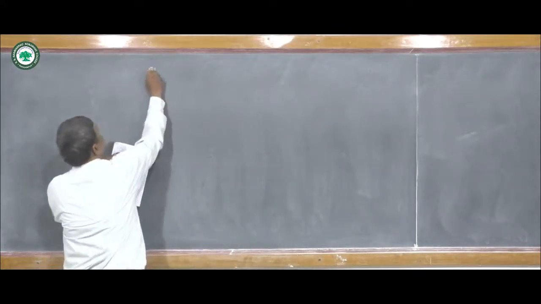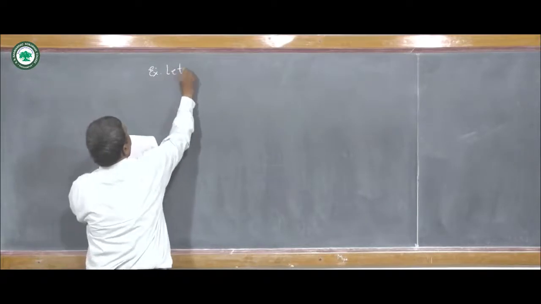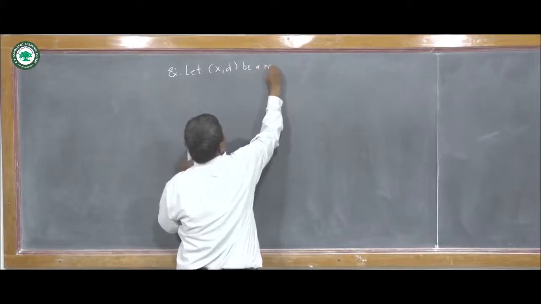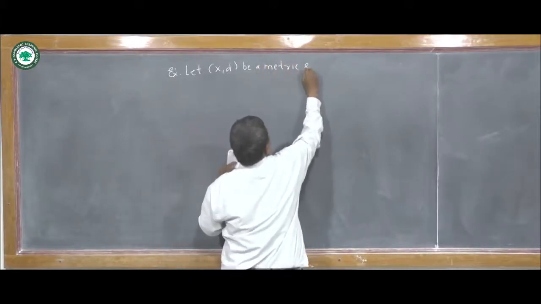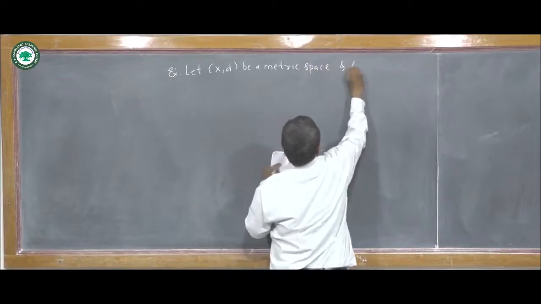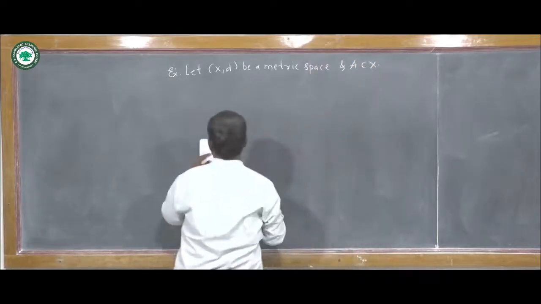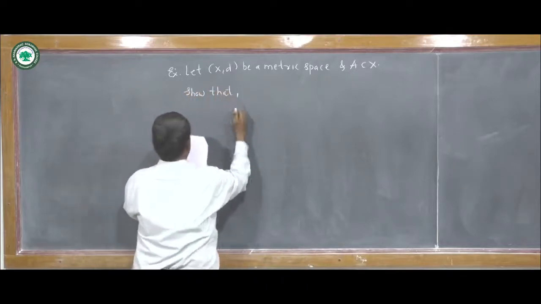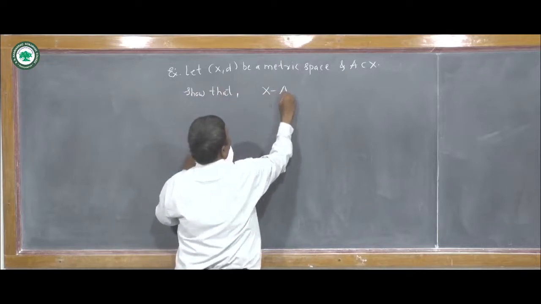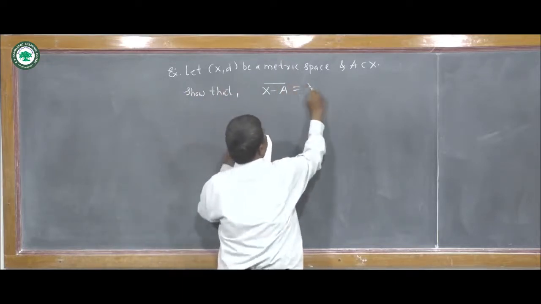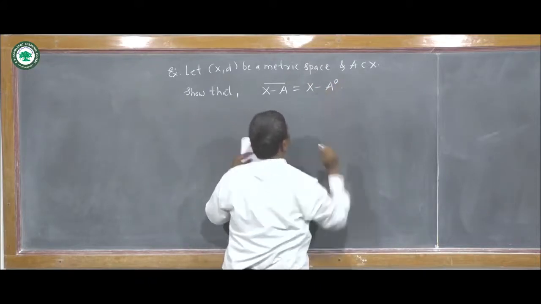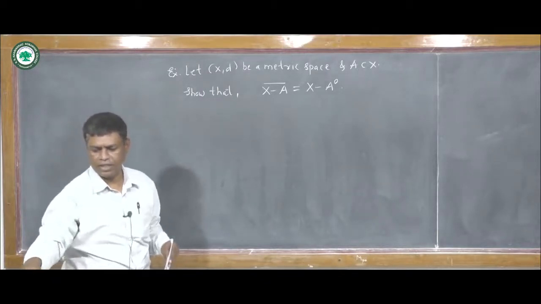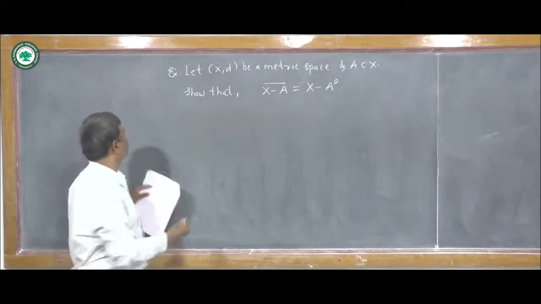So the example is this: let (X, d) be a metric space and A be a subset of X. Then show that the closure of the complement of A is equal to the complement of the interior of A, that is, the complement of the set of interior points of A here. Now the solution.